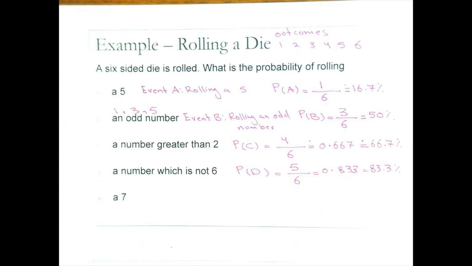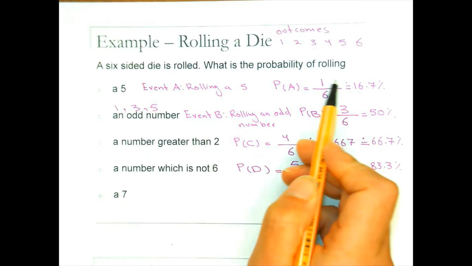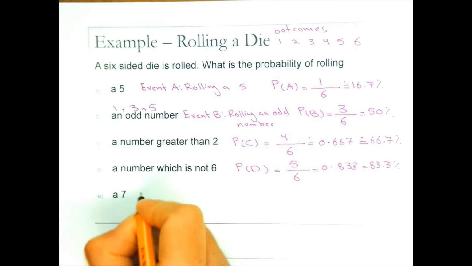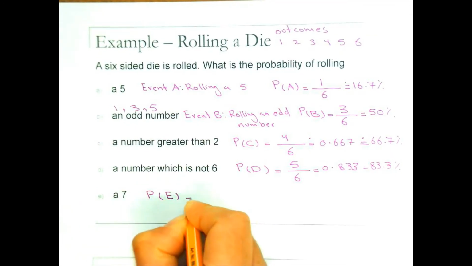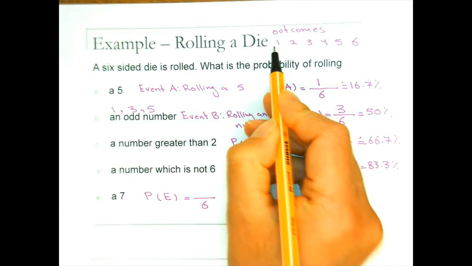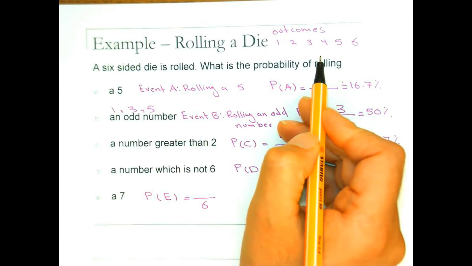Now, the last example is asking for the probability of rolling a 7. Now, we have 6 possible outcomes. None of them are 7. You can never roll a 7 on a 6-sided die.